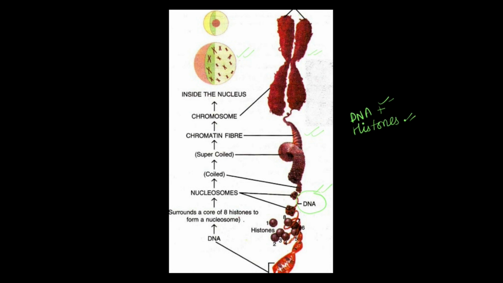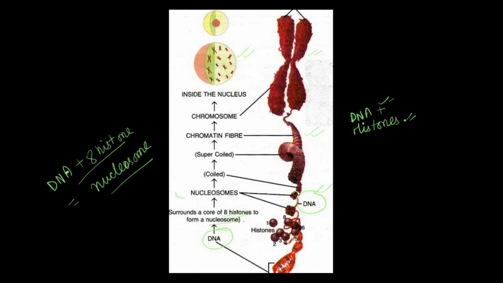Now, DNA plus 8 histone molecules together make a complex structure which is known as nucleosome. So if we go back and try to make the structure of chromosome, we first start with DNA.